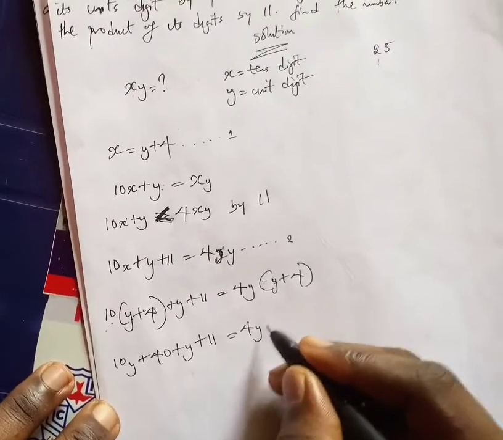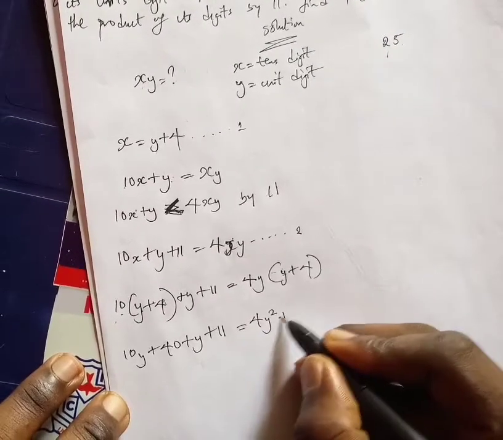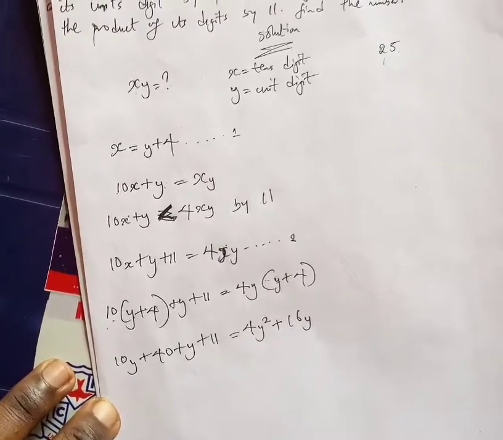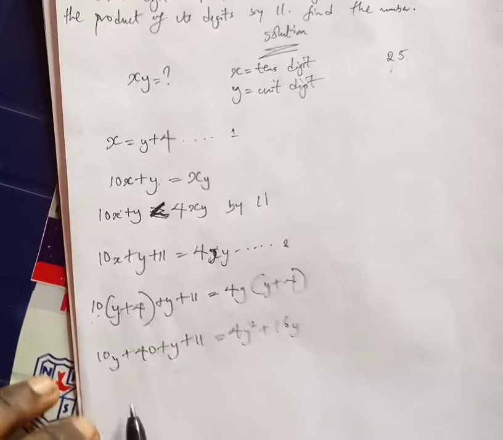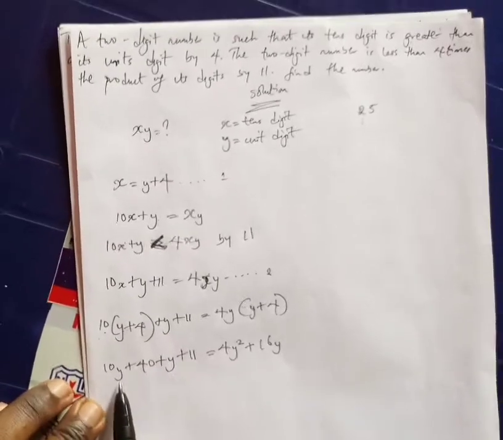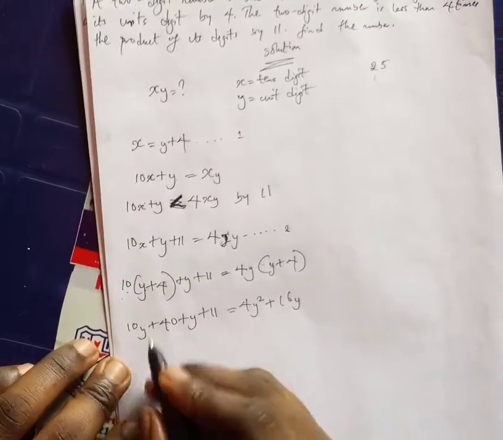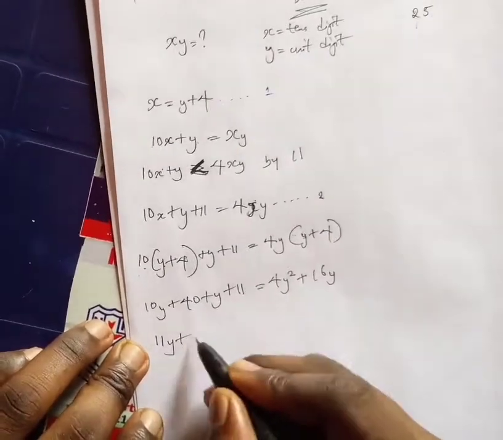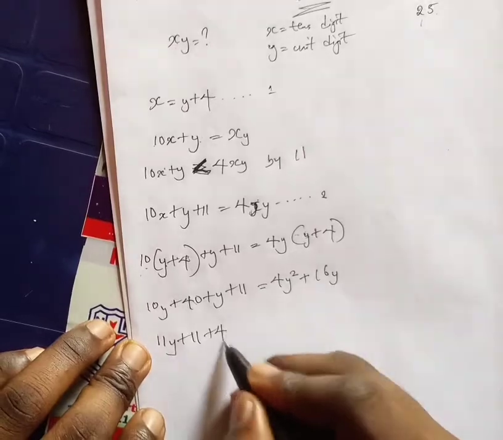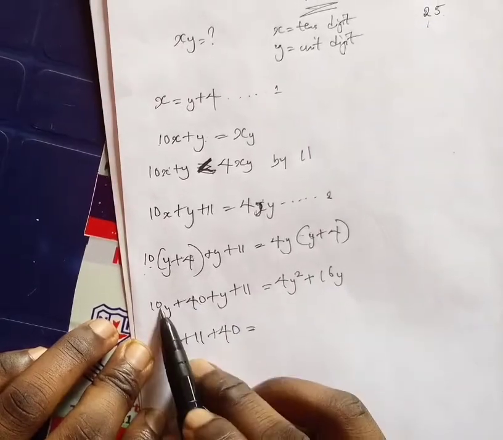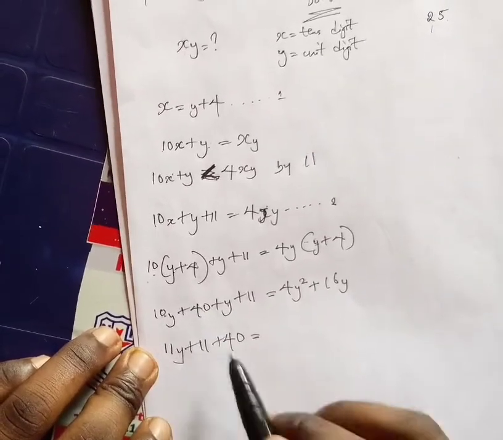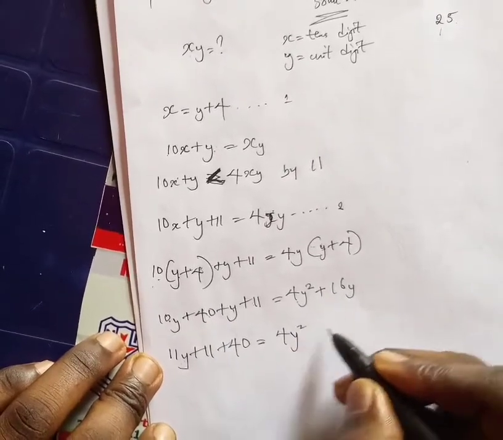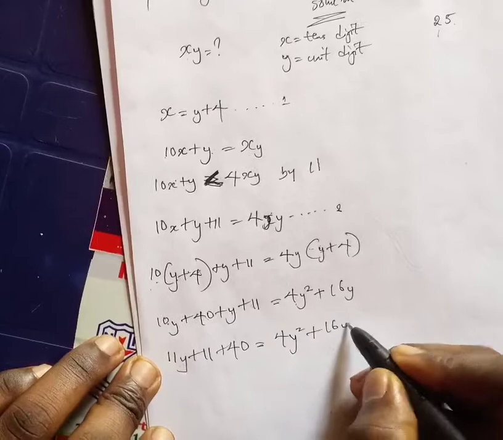This gives me 4y squared plus 16y. Okay, from here I can see that this is 10y plus y gives me 11y, plus 11 plus 40, equals 4y squared plus 16y.